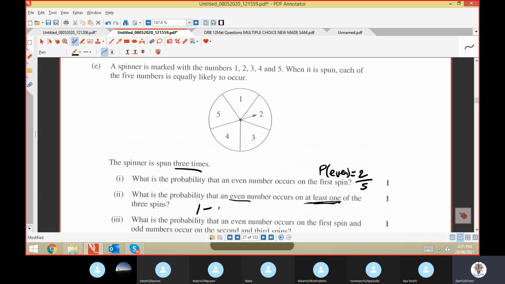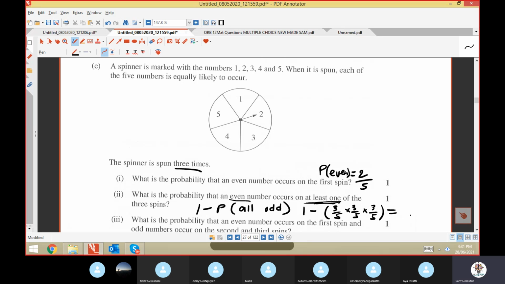1 minus probability of all odd. Then that would mean you're going to get at least an even number in one of the three spins. So 1 minus, well, the first one to be odd is obviously going to be 3 out of 5. The second one to be odd, 3 out of 5. The third one to be odd, 3 out of 5.